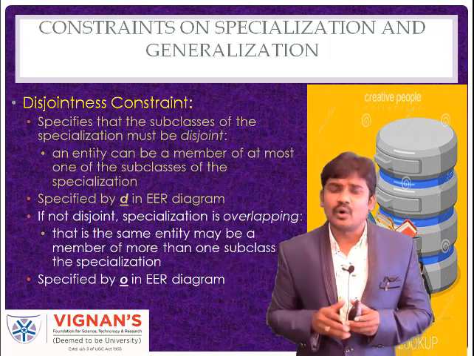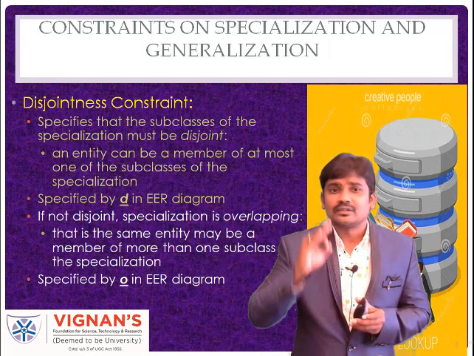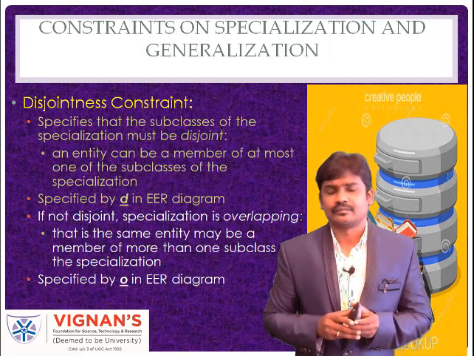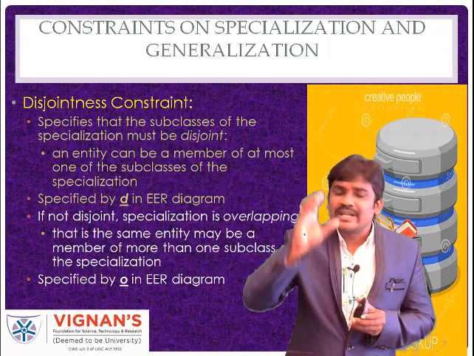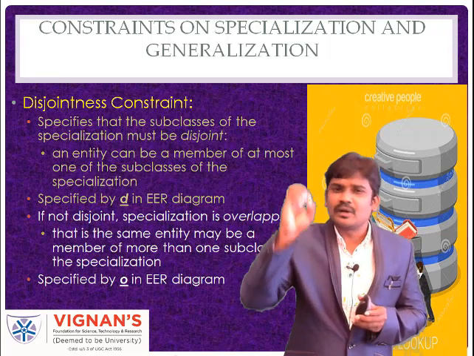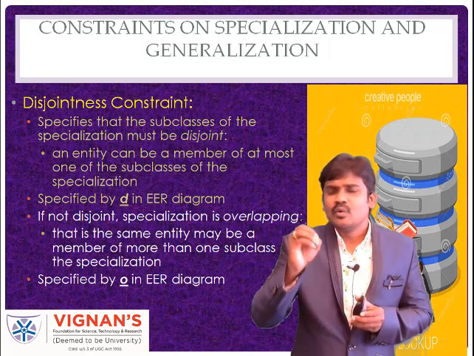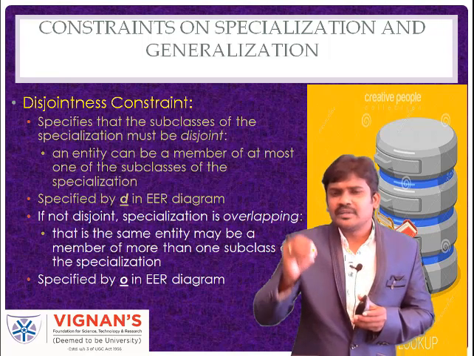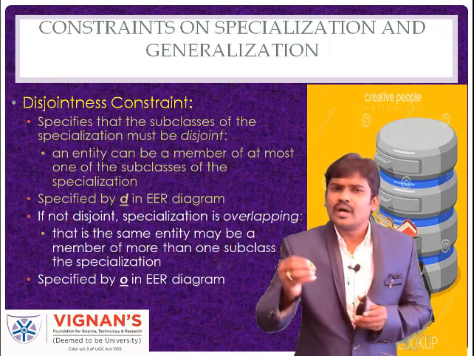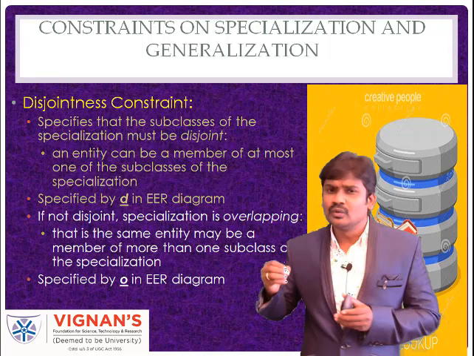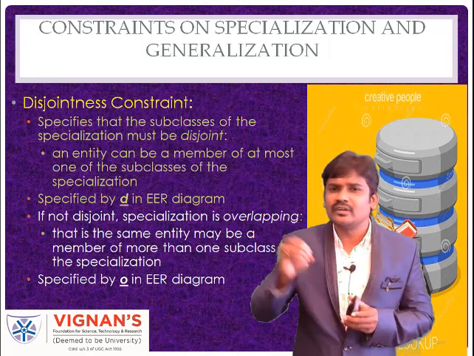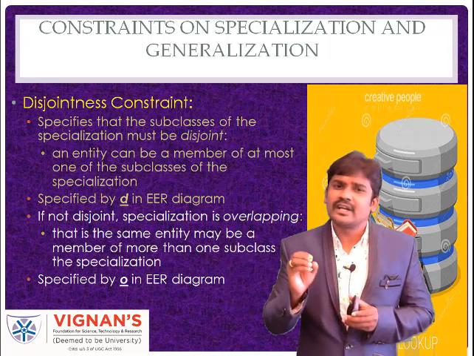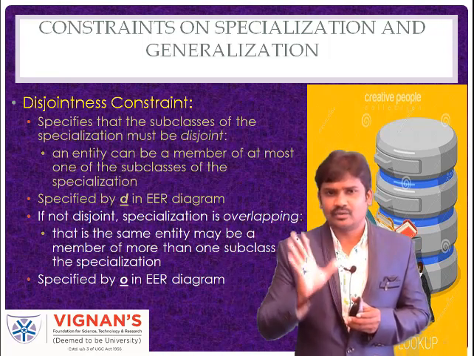That condition is called disjoint total. I am repeating. If 100 students are available in the seminar hall, then faculty said who belong to the department CSE go to room 1, who belong to the department IT go to room 2. In that case, all the 100 students went to their respective rooms. That condition is called disjoint total.